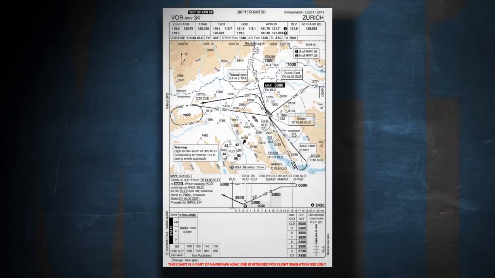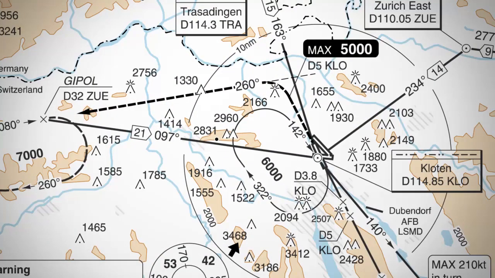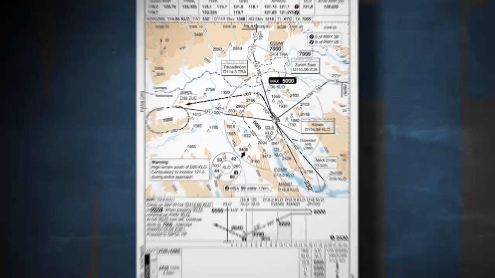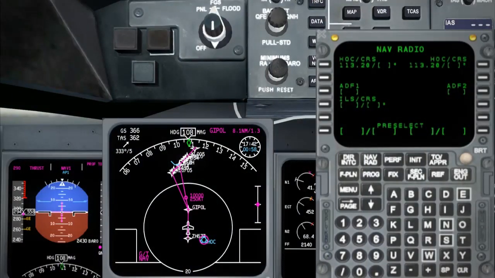Now, looking at the chart, the bearing that we will be flying from Gipple to KLO is 097. The format for VOR and ILS frequency entry into the nav radio page is the frequency, then the course, separated by a /.